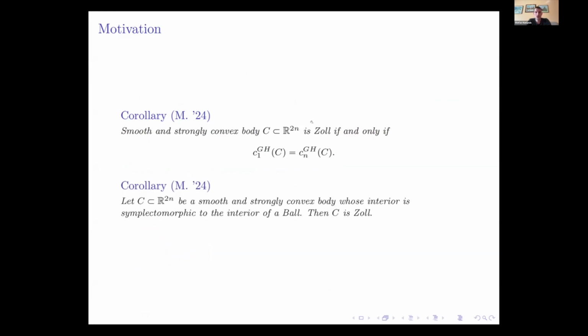In particular, we get the following corollary: if a smooth and strongly convex body C is such that its interior is symplectomorphic to the interior of a ball, then C must be Zoll.